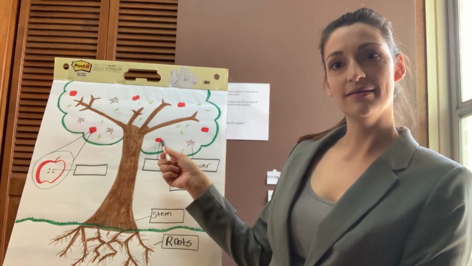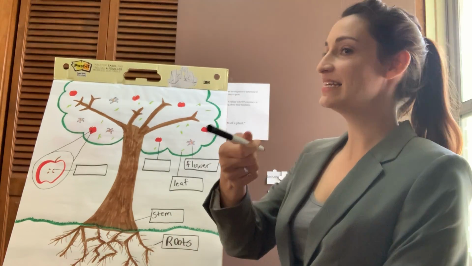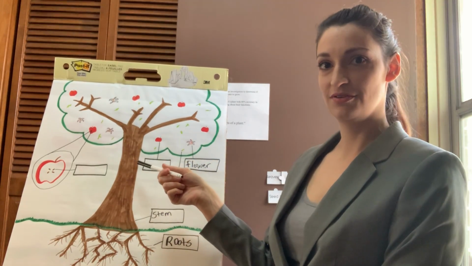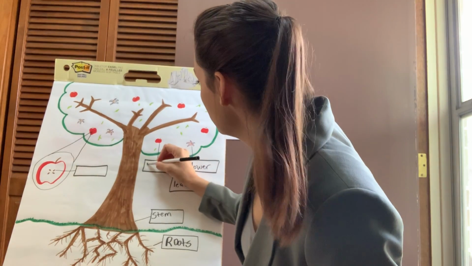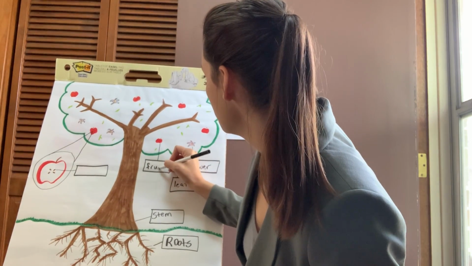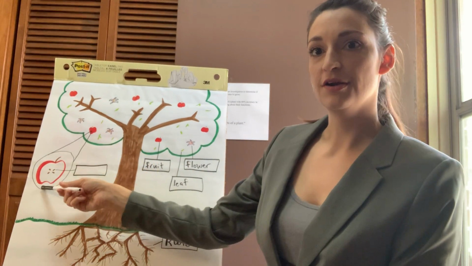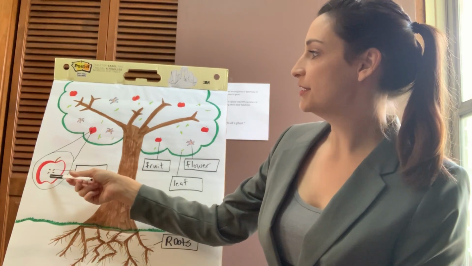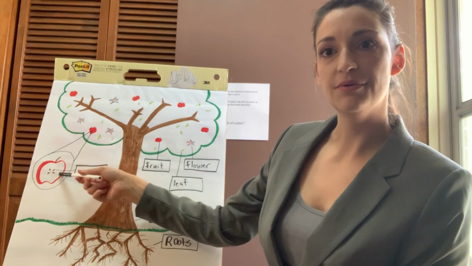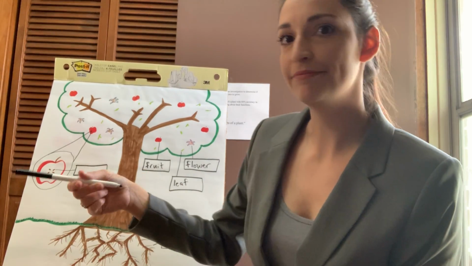And this red guy, an apple. That's right, it is an apple. But what is an apple? The fruit. And then if we look over here, magnified this apple and cut it in half, what are these? What are these right here? Yeah, the seeds.